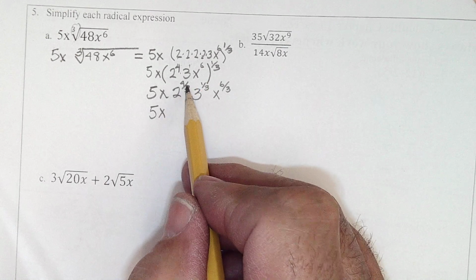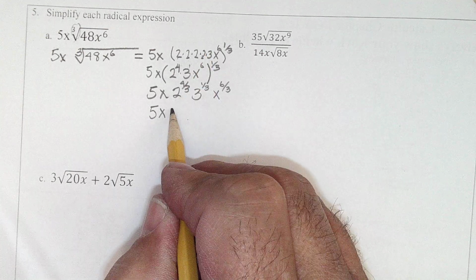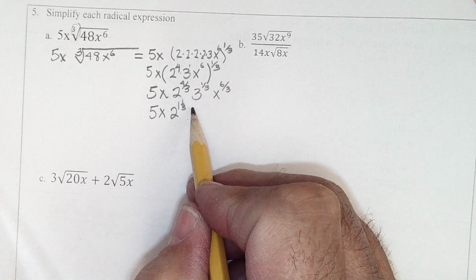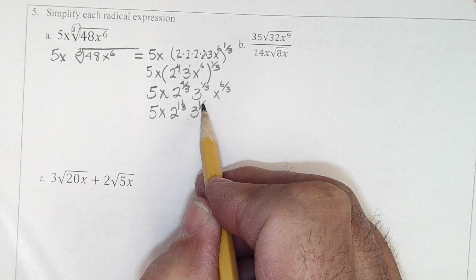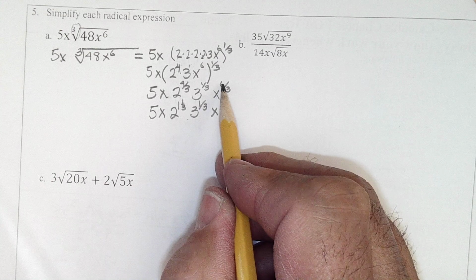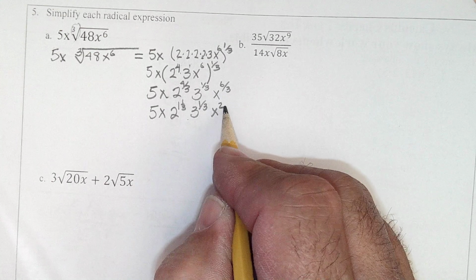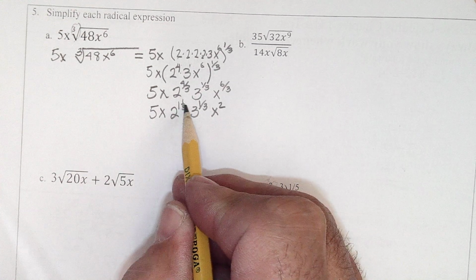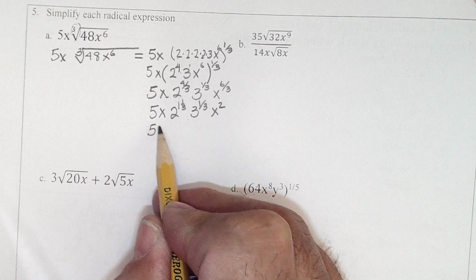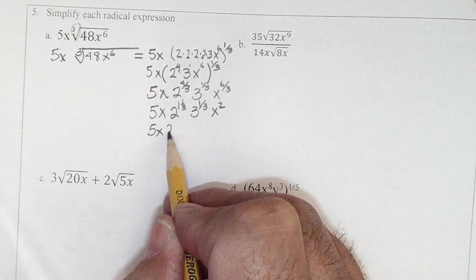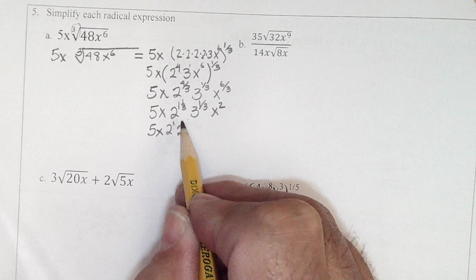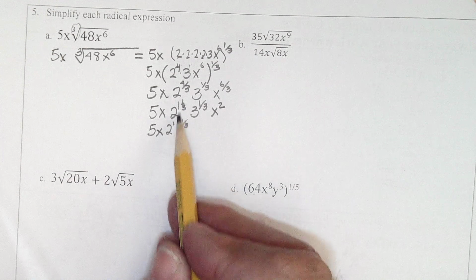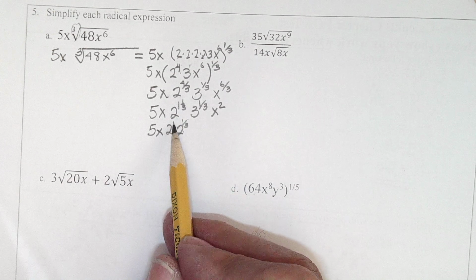So this is 5x, 2 to the 4/3. You should know that as 2 to the 1 and 1/3. And x to the 6 divided by 3 is 2. Now, 1 and 1/3, that's 5x, 2 to the 1 and 2 to the 1/3. When you multiply, you add the powers, so that's 1 plus 1/3, which is 1 and 1/3.